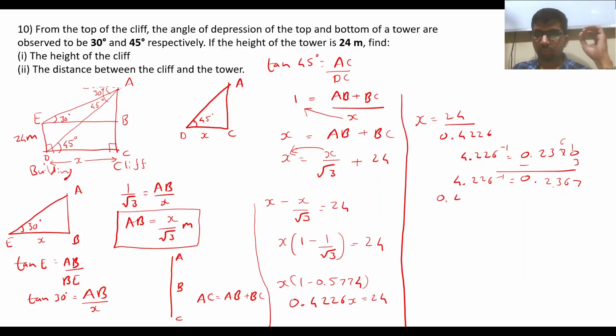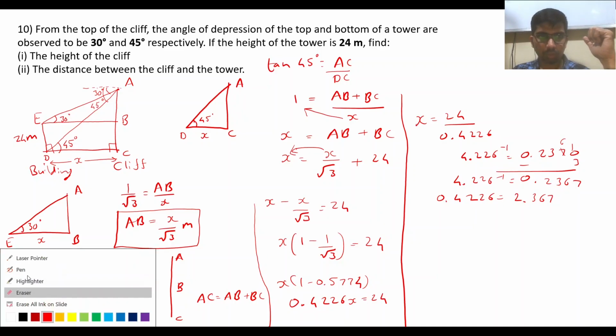So 0.4226 will become how much? Decimal will go 1 place, so 2.367 हो जाएगा. ठीक है. इग्नोर दिस. ये डेसिमल को भूल जाओ. छोटू सा ये क्लियर. तो दिस इज द रेसिप्रोकल.